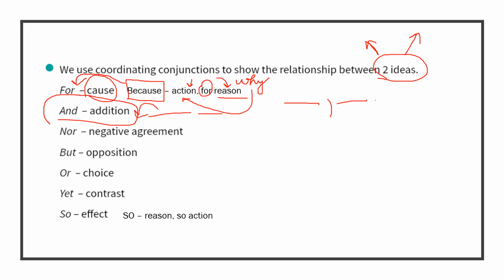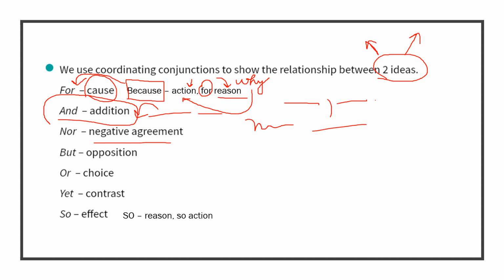Next is nor. Nor is basically a negative agreement. Negative agreement means when it is connecting two negative statements. Nor is always combined with a word called neither, or neither, both ways it is pronounced correctly, at the initial part of the sentence.